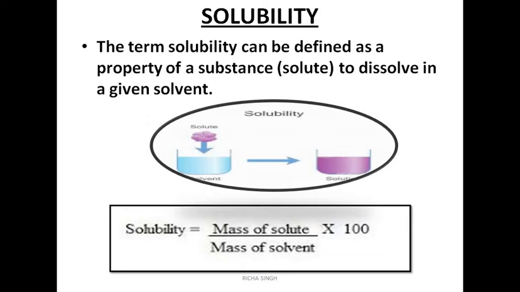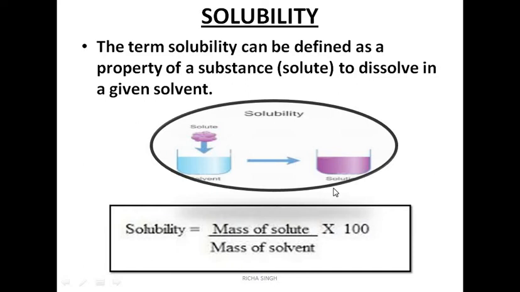Solubility is actually the property of solute to dissolve in a given solvent to form a solution. If you have to calculate how much solute can be dissolved in a particular amount of solvent, it can be calculated by the formula: mass of solute upon mass of solvent into 100.